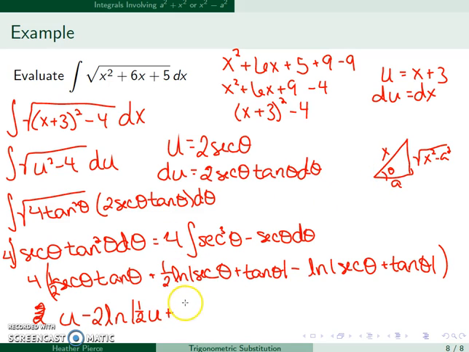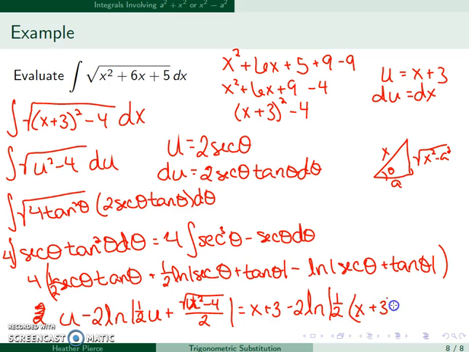So tangent is going to be my opposite over adjacent. So x squared minus 4 over 2. Sorry, in this case we're still with u's. So u squared minus 4. And then we need to switch back to x's. So I actually have x plus 3 minus 2 ln of 1/2 times x plus 3 plus the square root of x plus 3 squared plus 4.